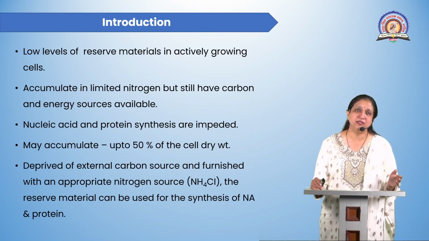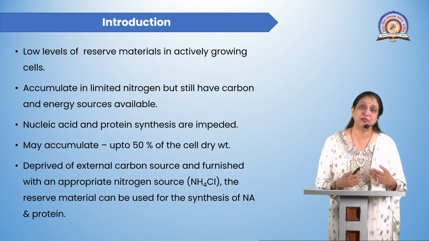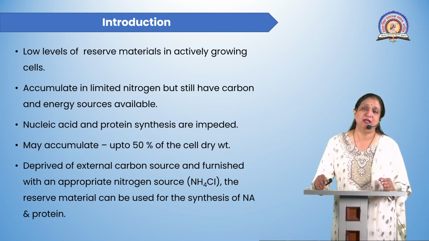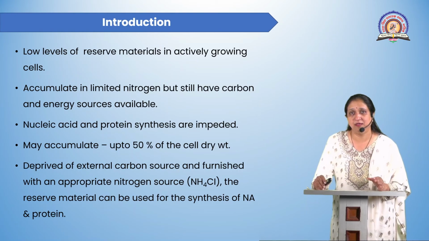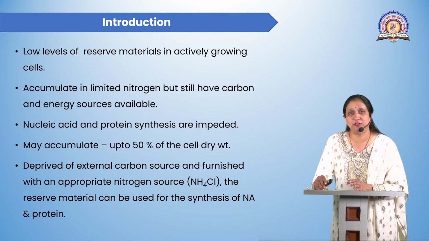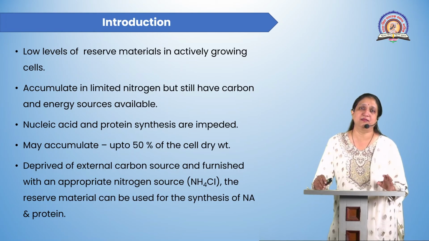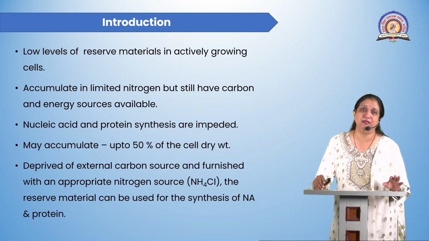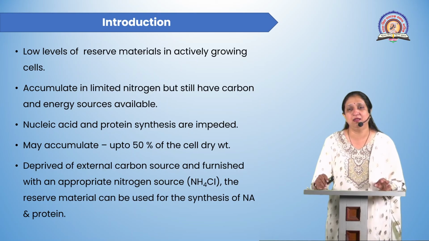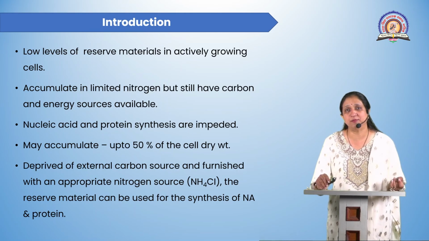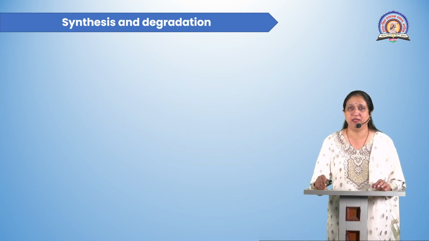Because carbon is available in the form of the PHB granules, they were synthesized because of the deficiency of nitrogen, and if the medium is now deficient with carbon, but there is enough source of nitrogen in the medium in the form of ammonium chloride, then the bacterial cell will start growing actively as a normal, actively growing bacterial cell, because the synthesis of nucleic acids and proteins will take place, and therefore the multiplication of bacteria can also take place.